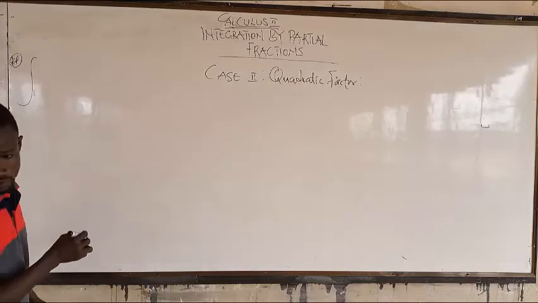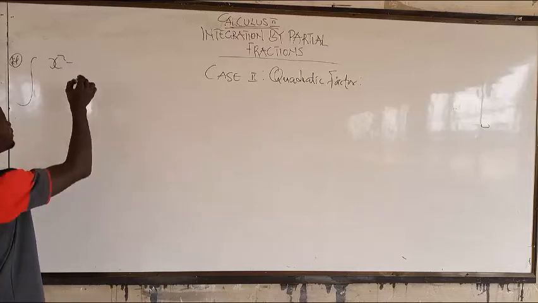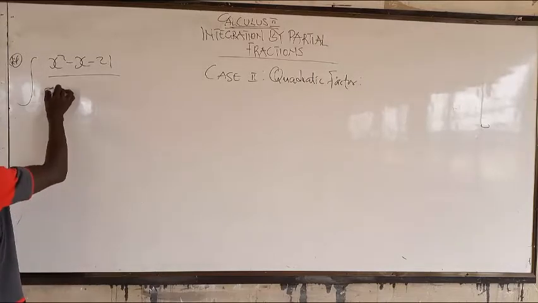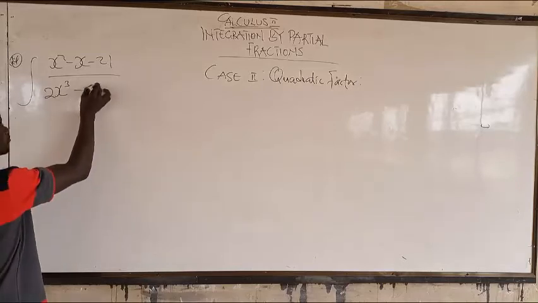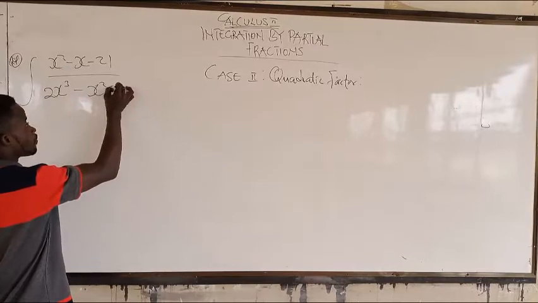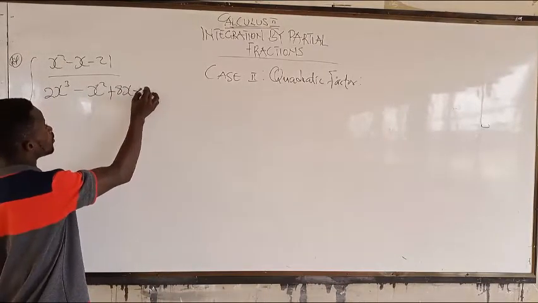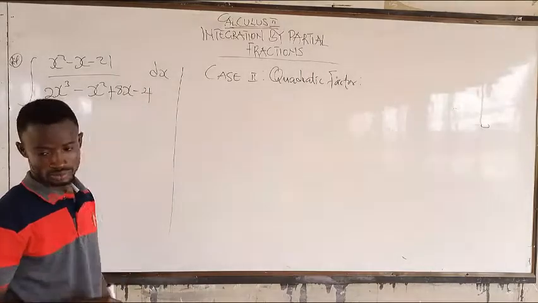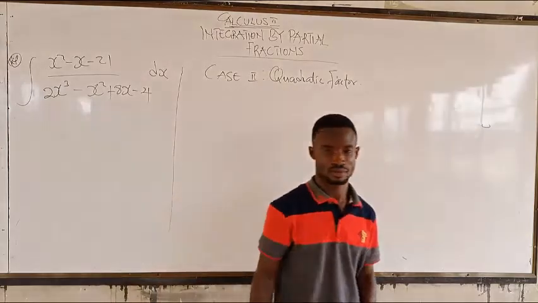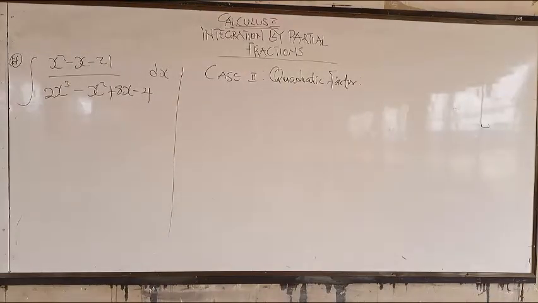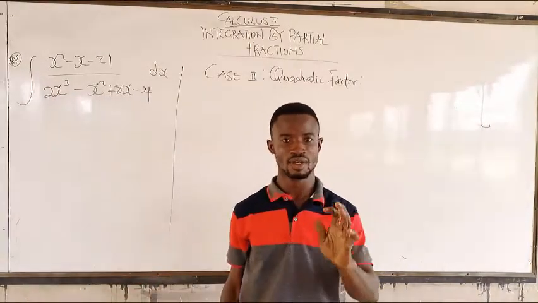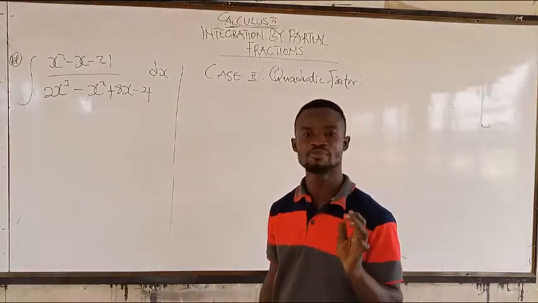We can have the integral of this. So having this question to solve, the first thing to check is whether the degree of the numerator is less than the denominator.